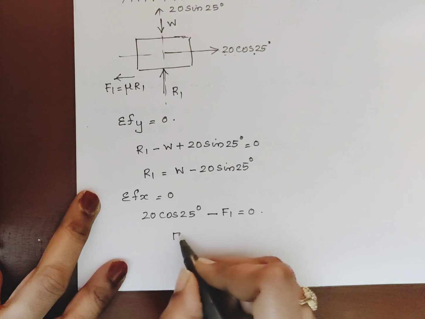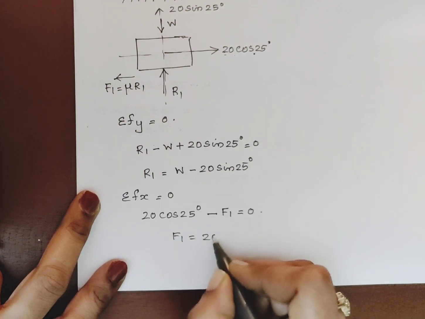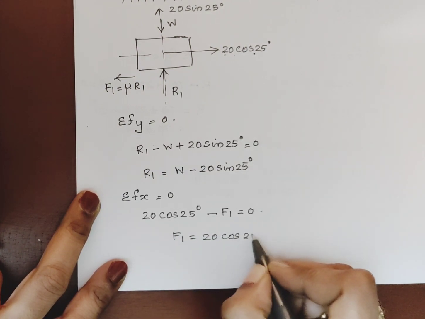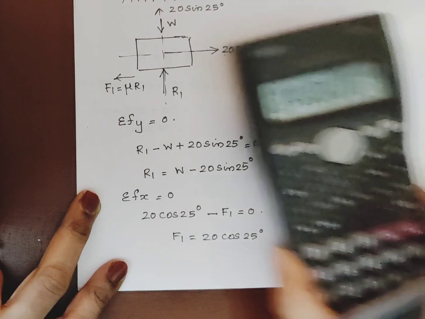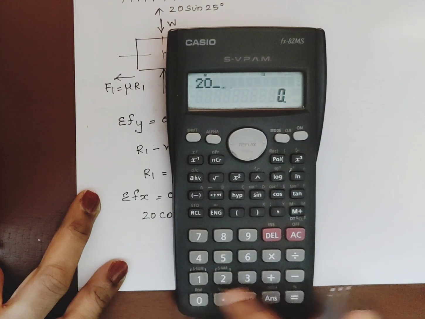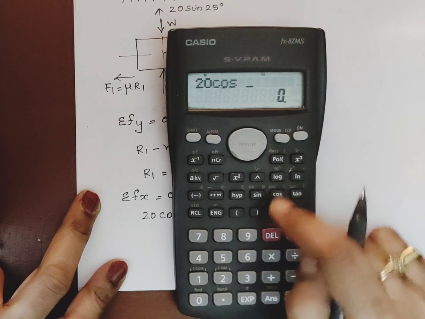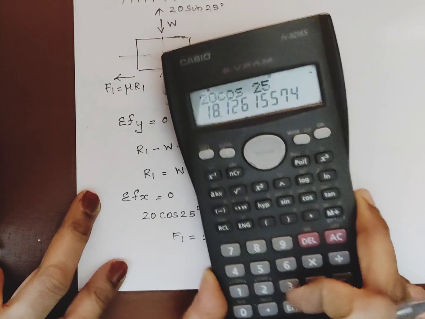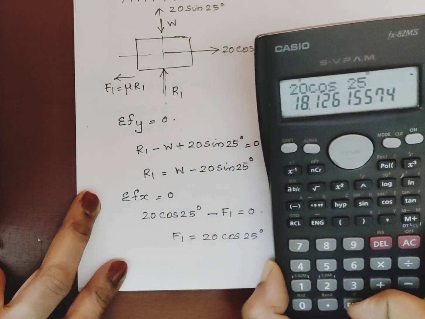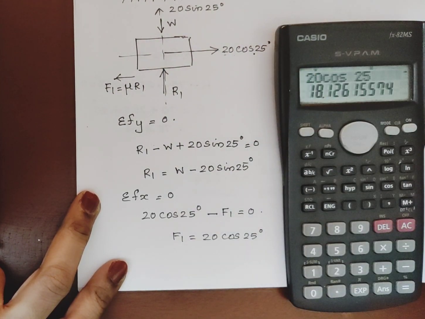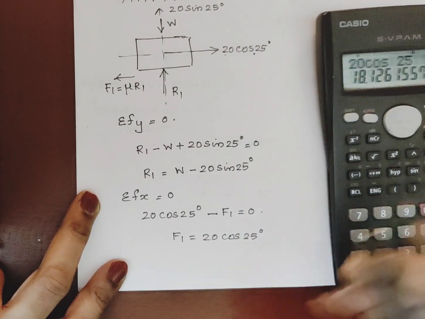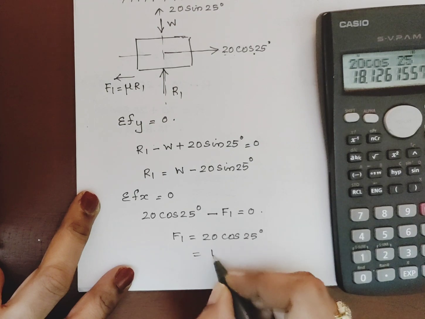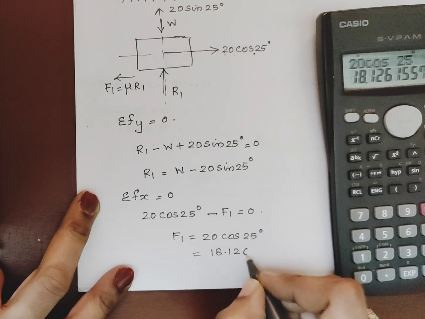So now from this equation F1 is equal to 20 cos 25 degree. So 20 cos 25 degree, that is equal to 18.126.